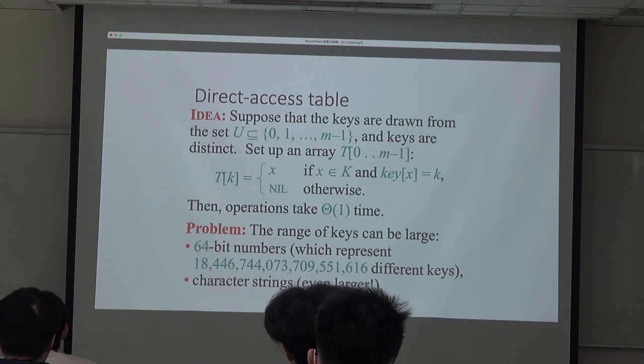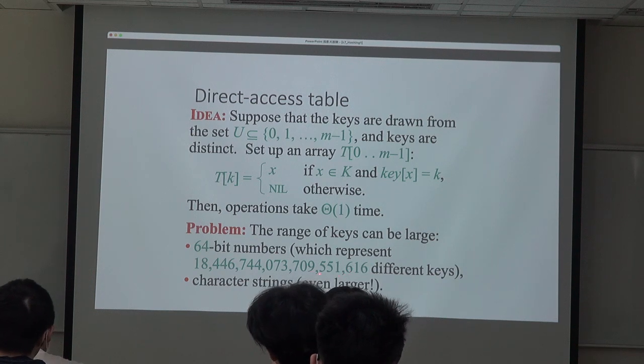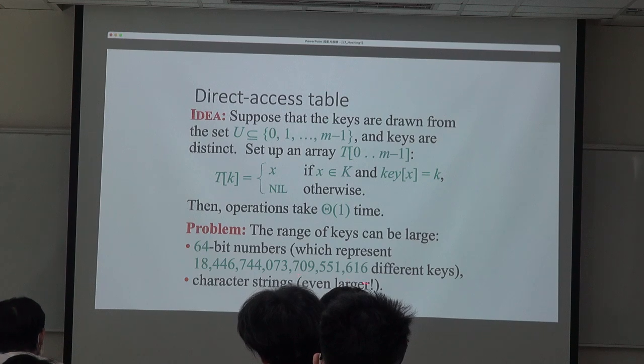Let's just consider your student ID. How many digits are there? Nine. That's already quite a lot. So nine digits, up to like a billion.